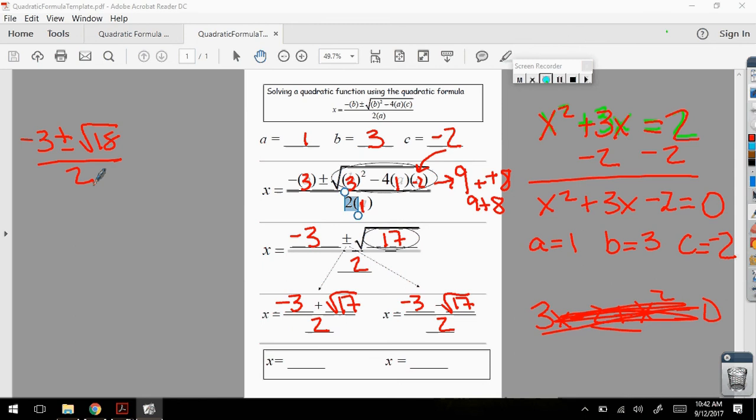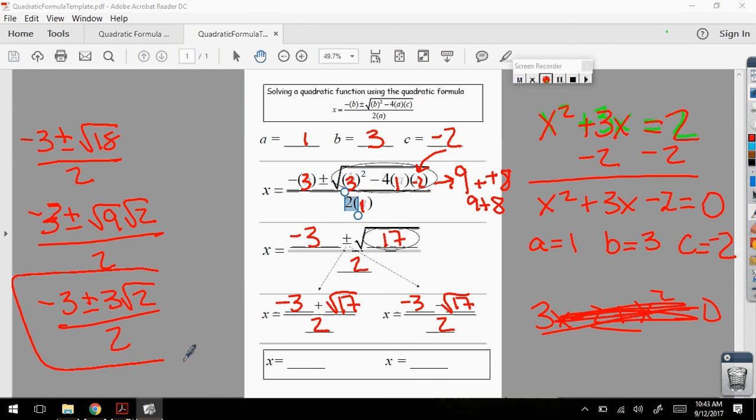So I've got negative 3 plus or minus the square root of 9 times 2. So just leave it like that. The only time you're going to have just exact numbers is if it was a perfect square with no radical.